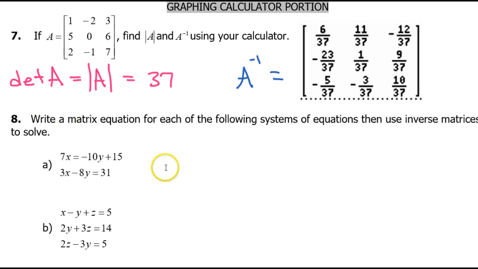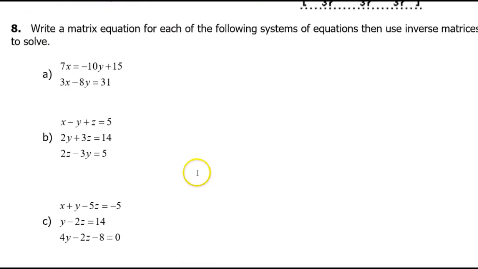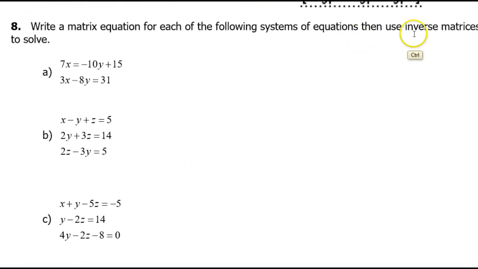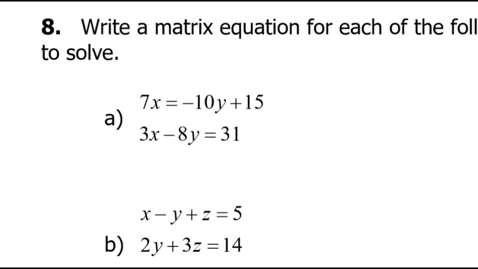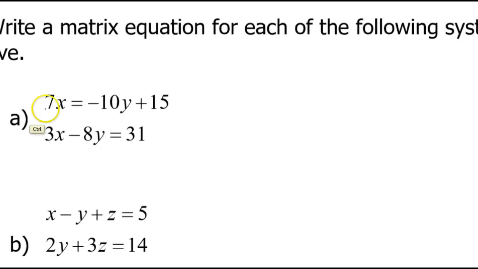So write a matrix equation for each of the following systems of equations, and then we'll use inverse matrices to solve. So, you know what, let me zoom in. The first thing I need to do is rewrite the system in standard form, which in this case just means I need to add 10y to both sides.